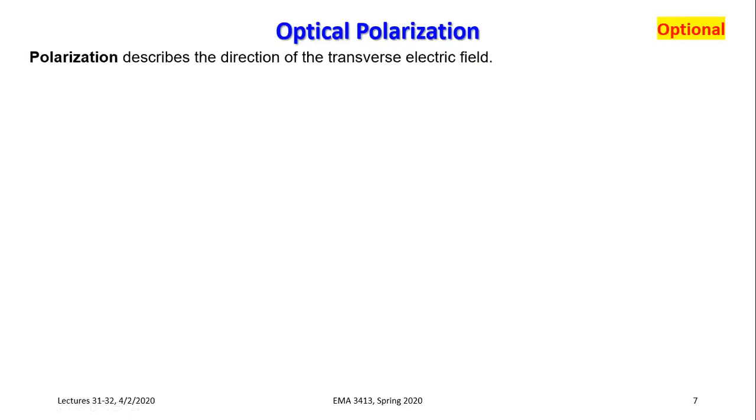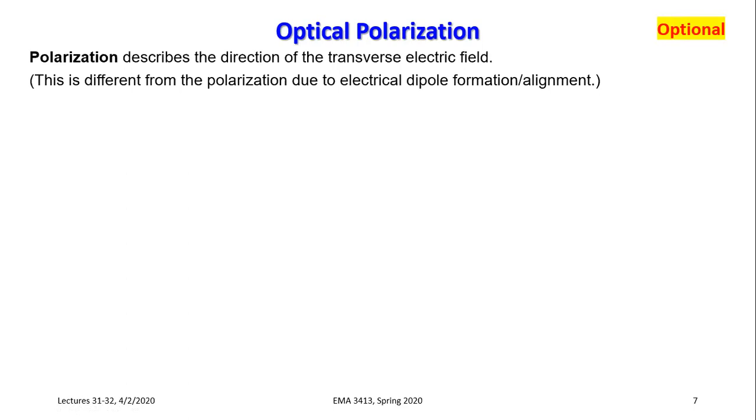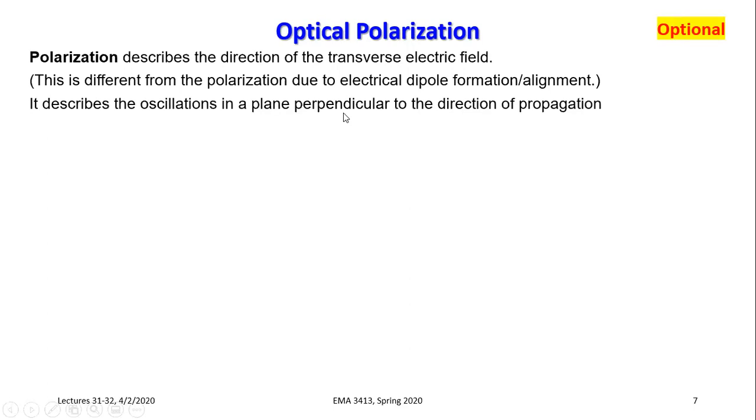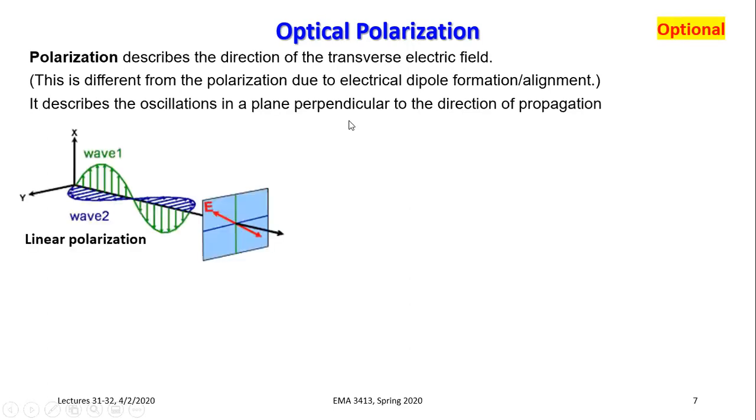The other thing related to optical waves that you also have to pay attention to is so-called polarization. This optical polarization is different from the dielectric polarization that we talked about in the previous chapter. It is really looking at the direction of the transverse electric field. Remember, for a light wave, the electric field is always perpendicular to the direction of propagation.